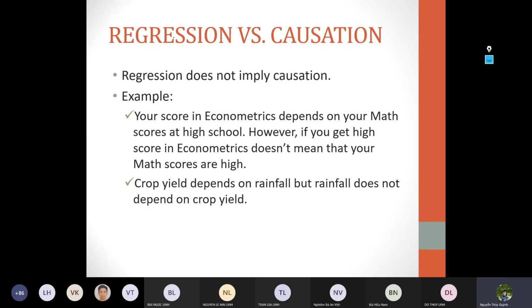Although regression assumes a causal relationship between the variables, that is a direct cause and effect link, this is only a one-way relationship. Causation means a two-way relationship.